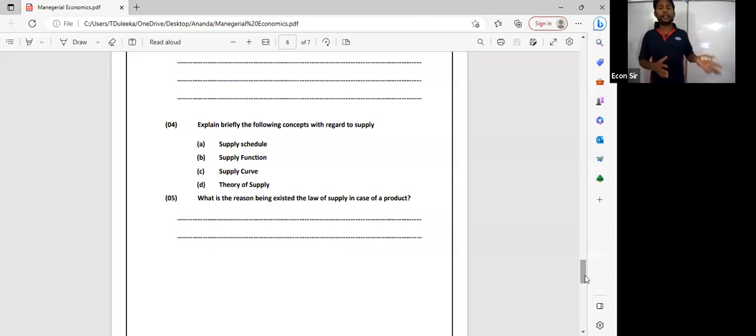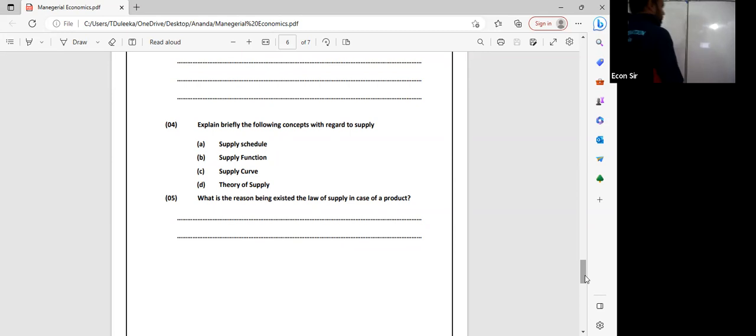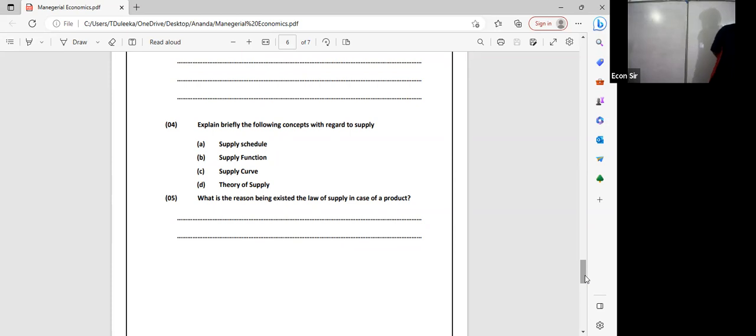The law of supply කියන්නේ වෙනම එකක්. The theory of supply is different from the law of supply.